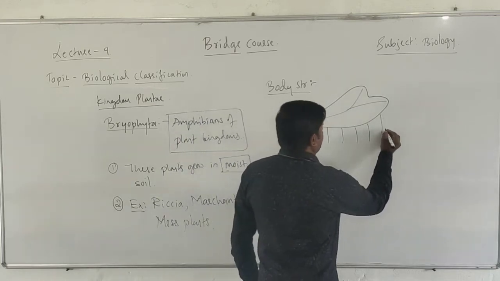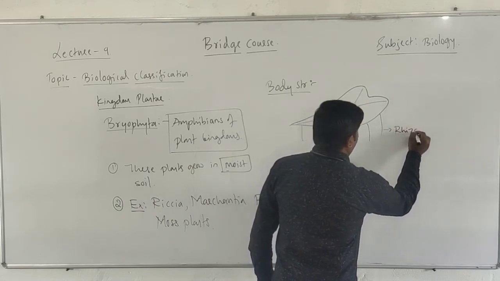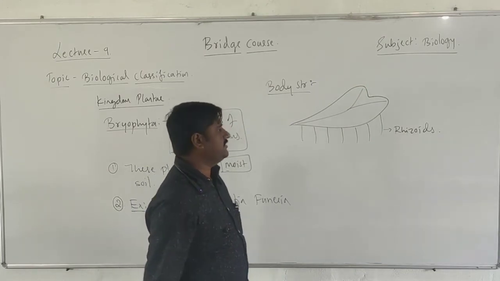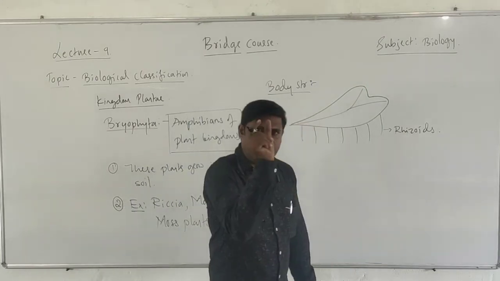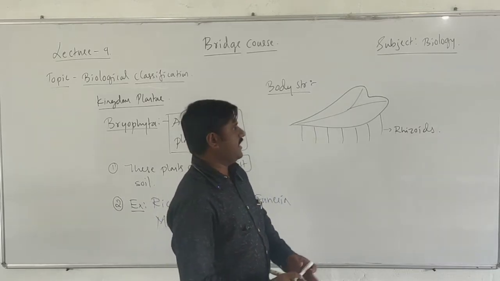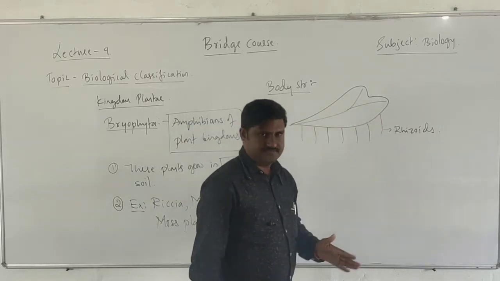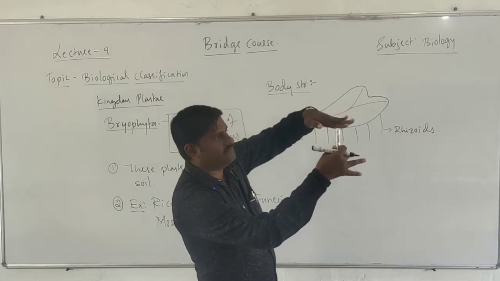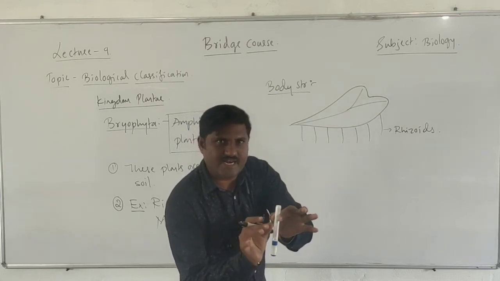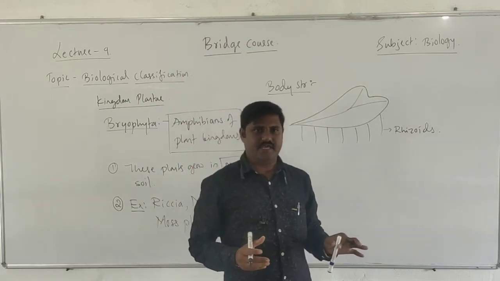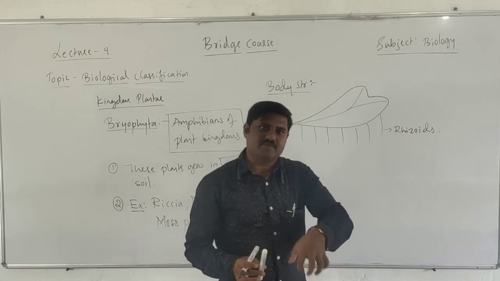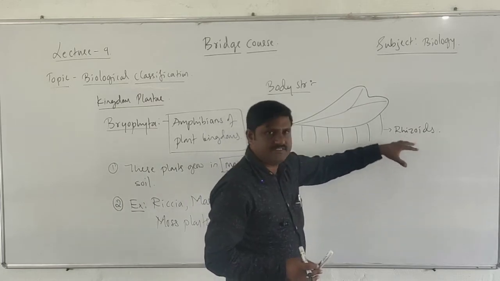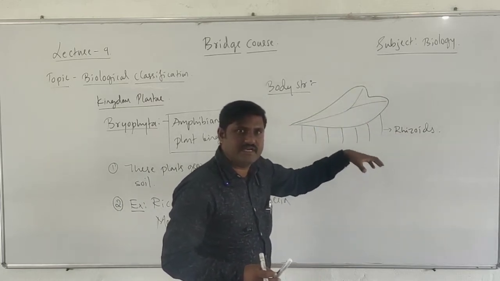And these root-like structures are called rhizoids. These rhizoids are tubular structures which extend from the base of the plant. This is the plant body, and below it the tubular structure extends like this. And this tubular structure helps in the absorption of water from the soil, and these tubular structures or rhizoids help in fixing the plant body inside the soil.